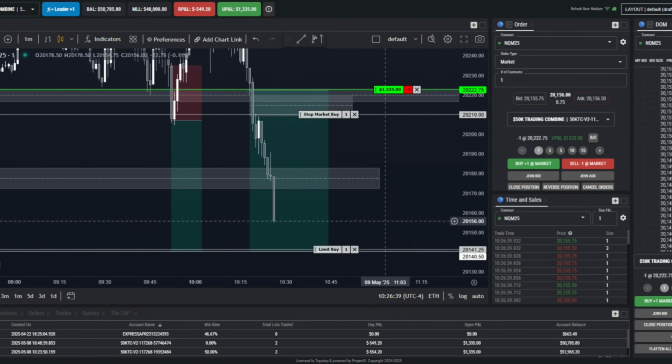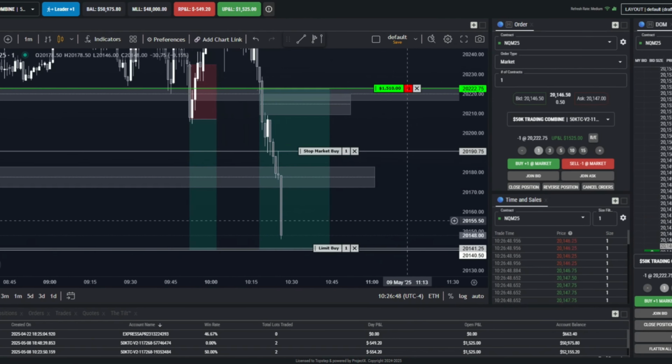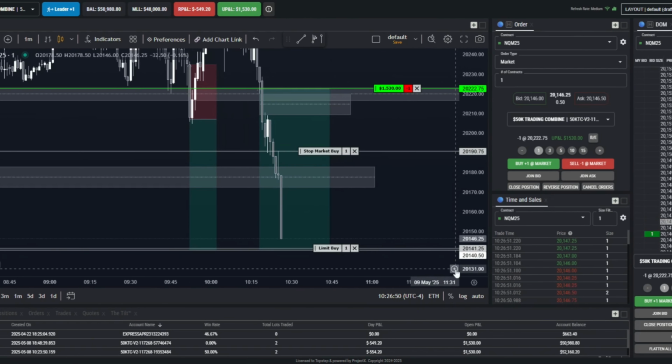Some nice displacement to the downside right now we're getting. Here I'm gonna trail stop to this high, and getting edged right now.